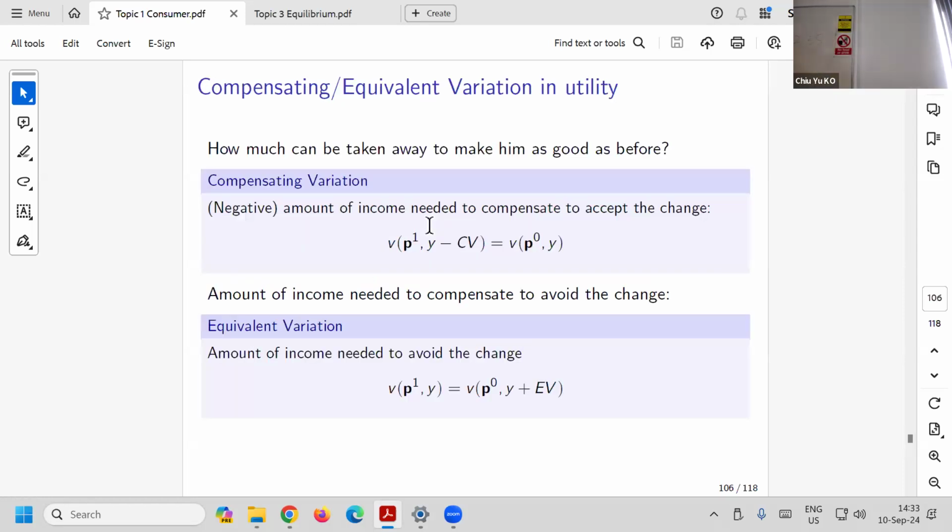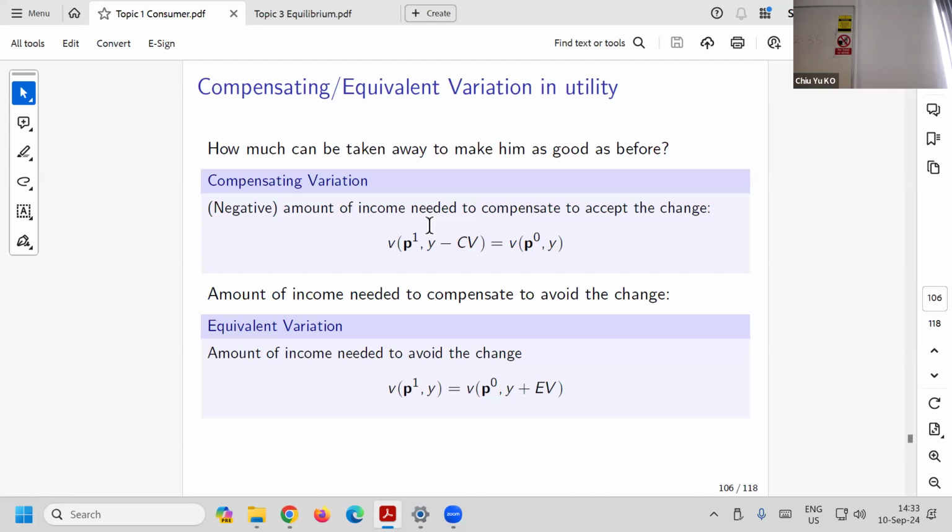In theory, there are at least two different ways to look at this problem, to measure how people are better off or worse off, and it depends on the benchmark we are looking at.